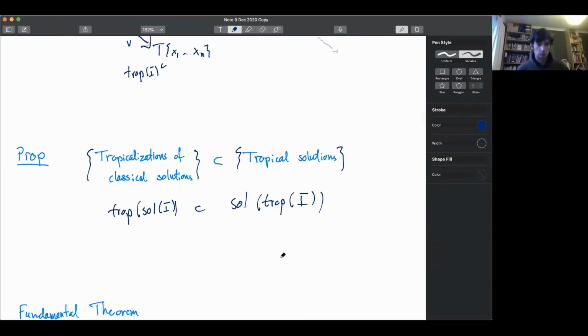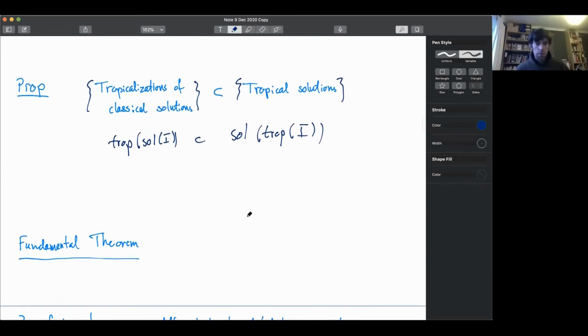It's good. And the fundamental theorem, well, it's not really a theorem. It's, I'd say, a question at the moment: when is this an equality?